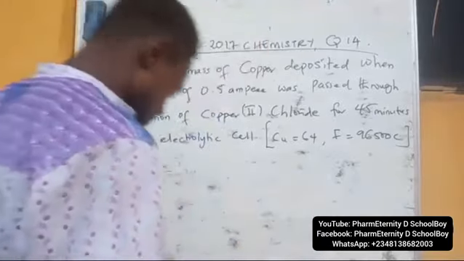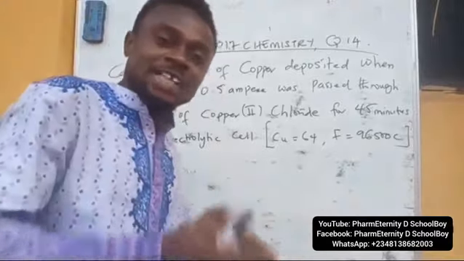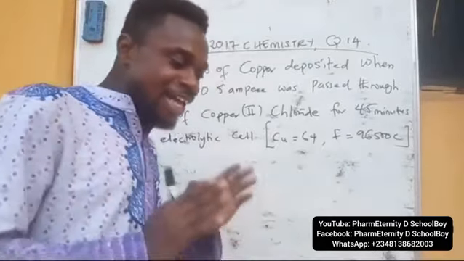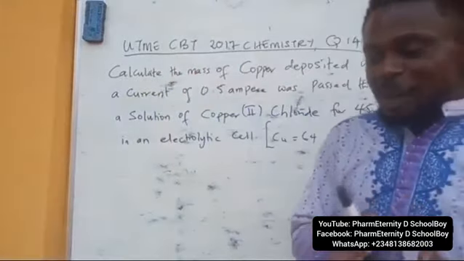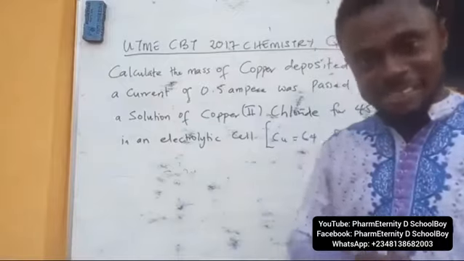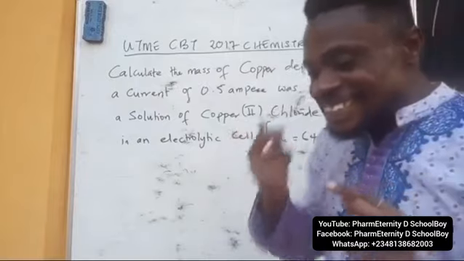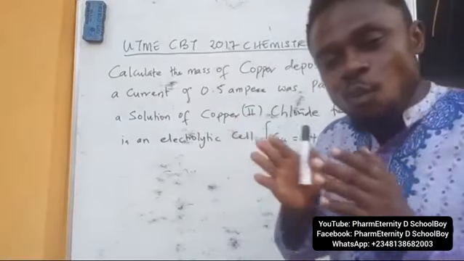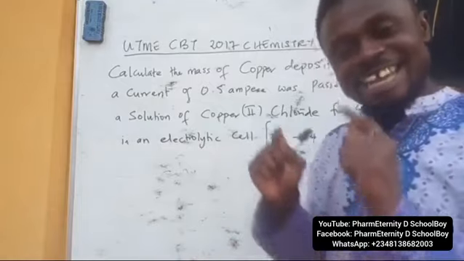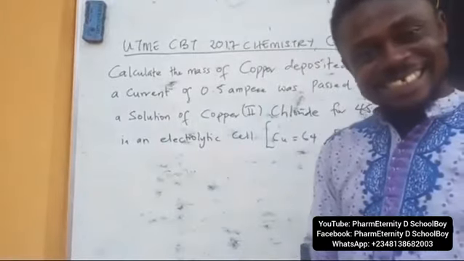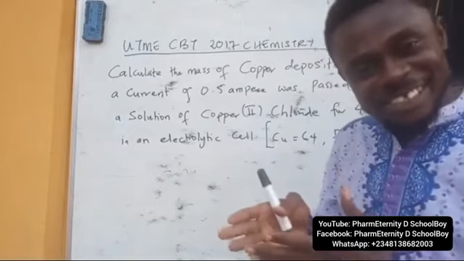Now, the second law is telling us that if the same quantity of electricity is passed through different electrolytes, the number of moles of the element deposited is inversely proportional to the charges on the ions of the elements.